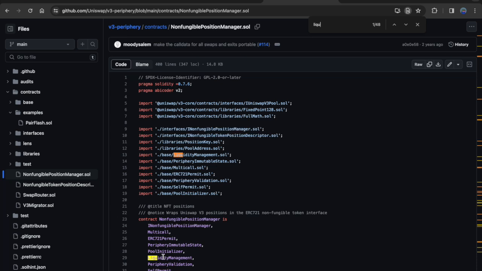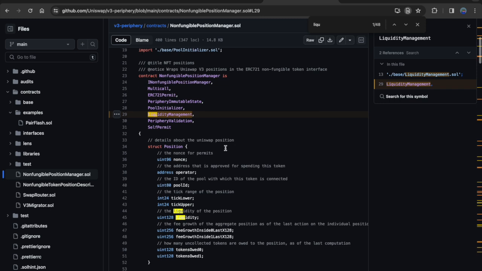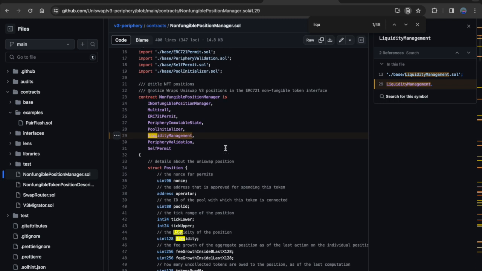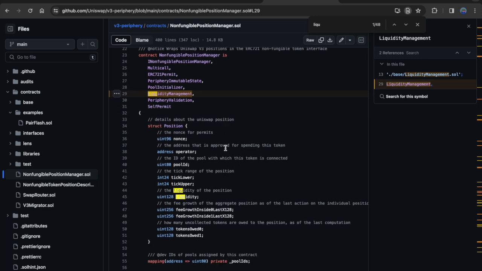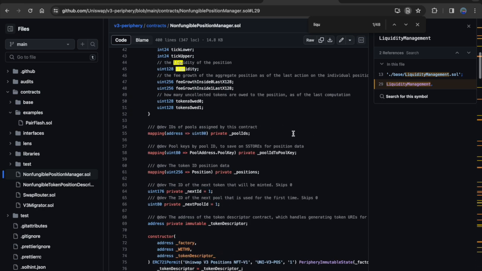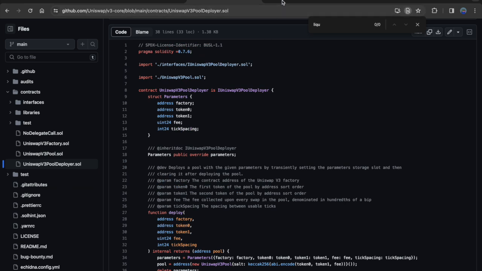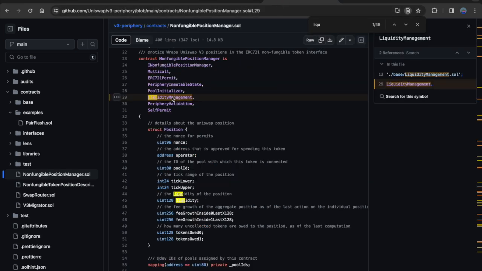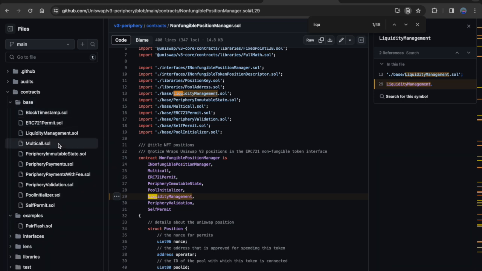Liquidity management. Okay, so that's here.